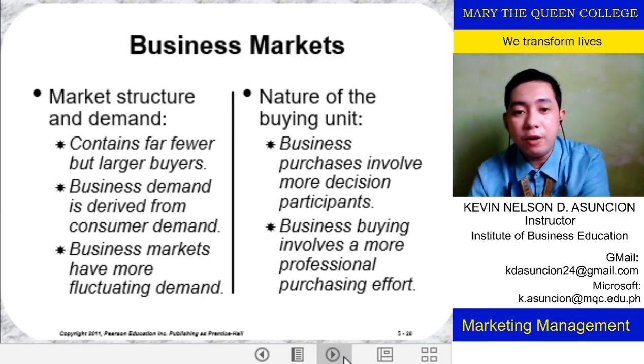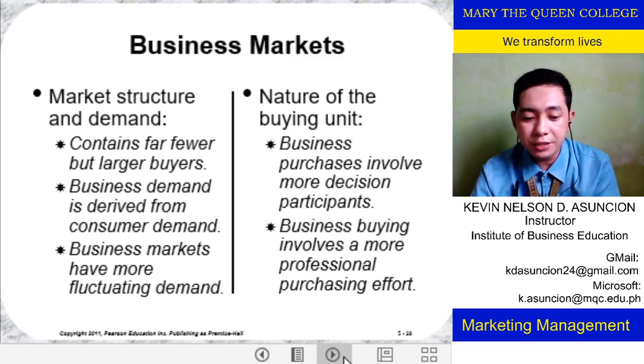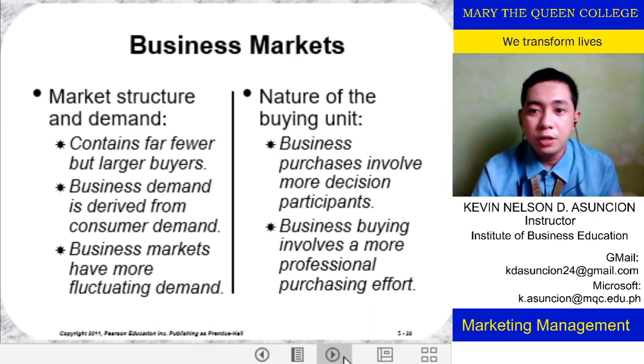Business markets have more fluctuating demands because it changes, and also as part of the behavior of organization, of course they will choose products and services that make their life easier and more productive kumbaga, no, that affects their decision process, no?